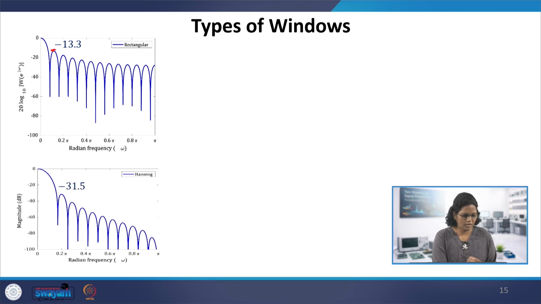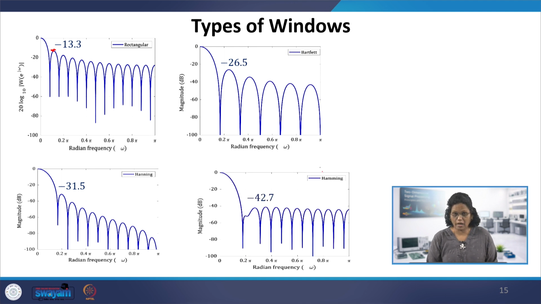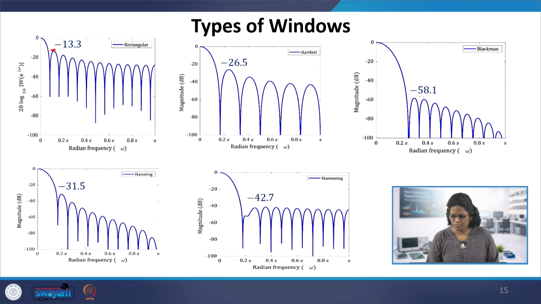The first side lobe level in the rectangular is -13.3, whereas in the Hanning window it is -31.5, -26.5 in the Bartlett triangular one, -42.7 for Hamming, and -58.1 for Blackman. So you can see the ripple side lobe levels getting reduced as we smoothen the window.